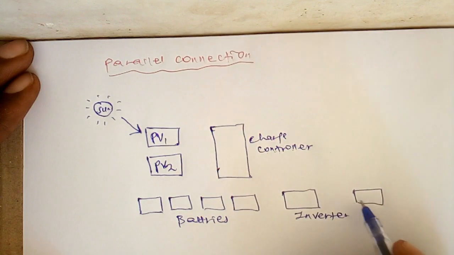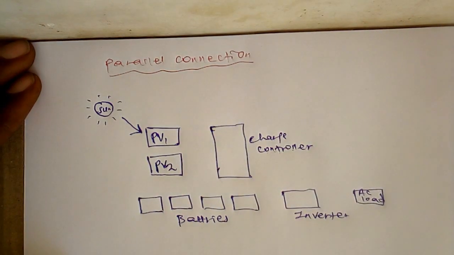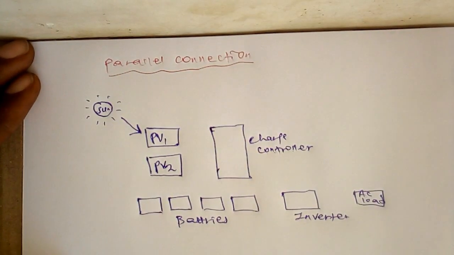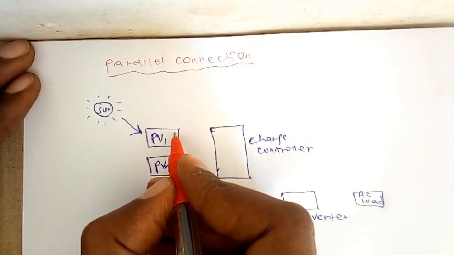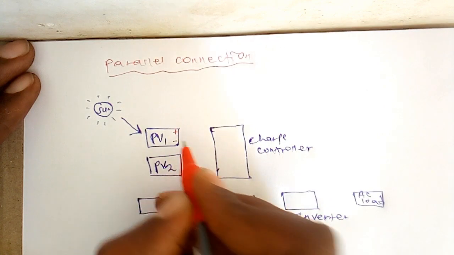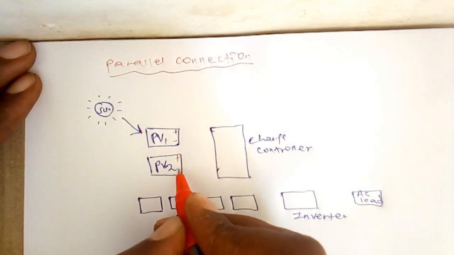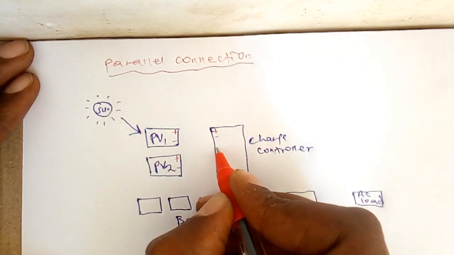And finally we have AC load. Now we will see how to connect them in parallel. Their connection ports have a plus sign and a negative sign.